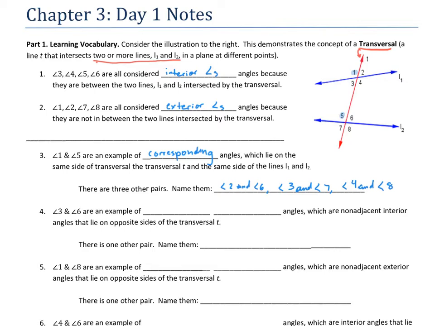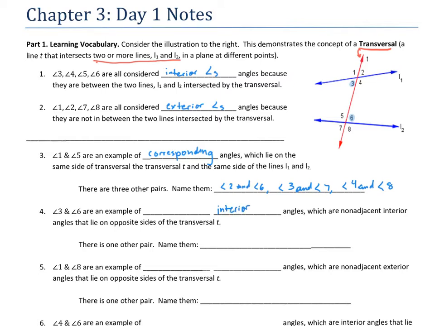Now the next two are angle 3 and angle 6. Angle 3 is right here, and angle 6 is right there. Right off the bat, those are two interior angles, inside the two lines.